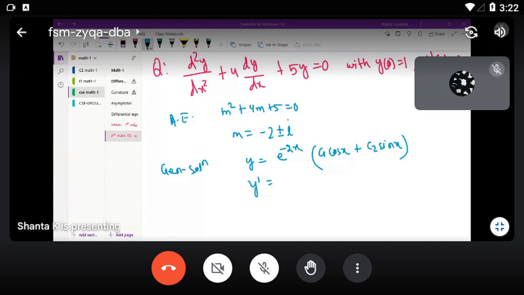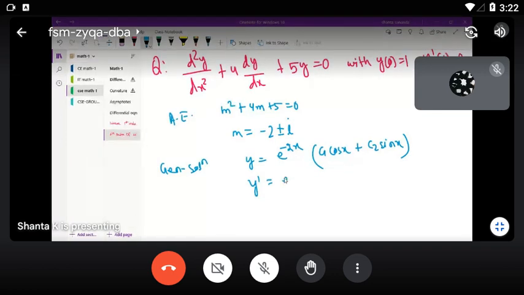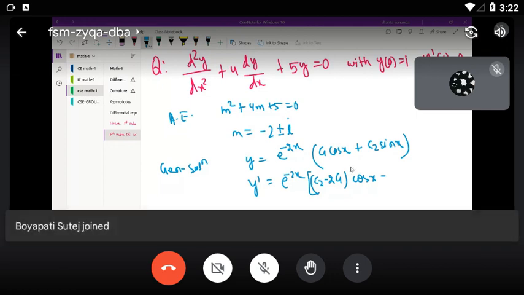So e power minus 2x. C1 is equal to 1, C2 is equal to 2 now.